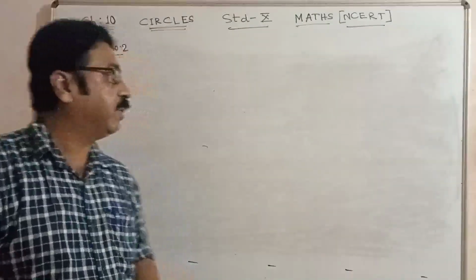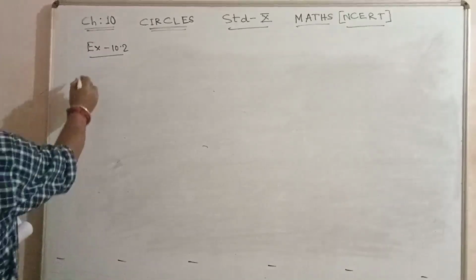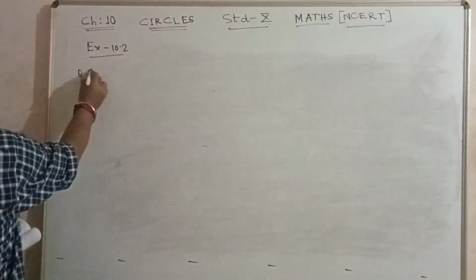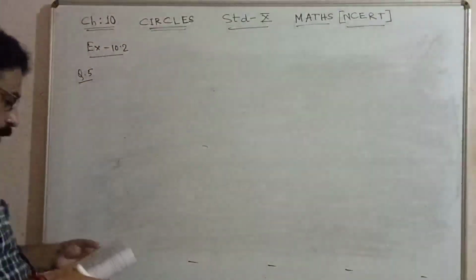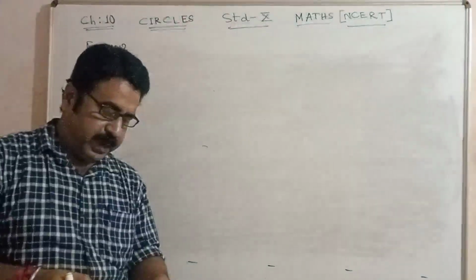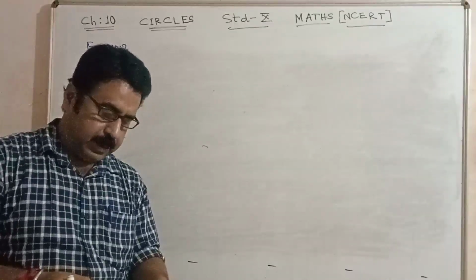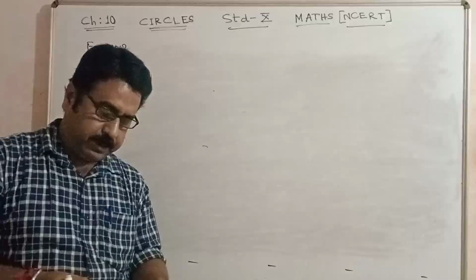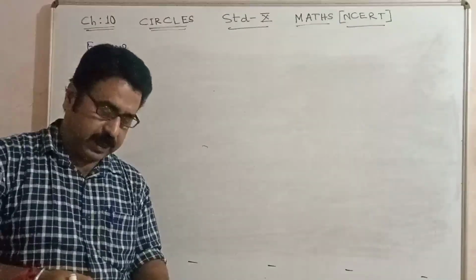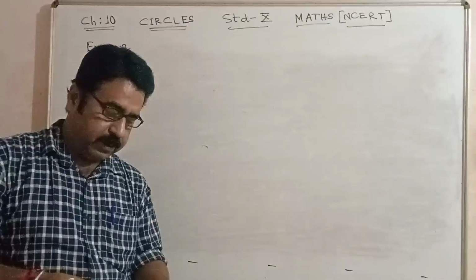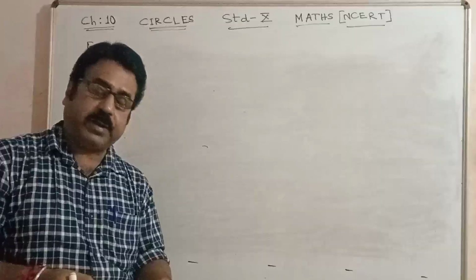Question number 5. Prove that the perpendicular at the point of contact to the tangent to a circle passes through the center.